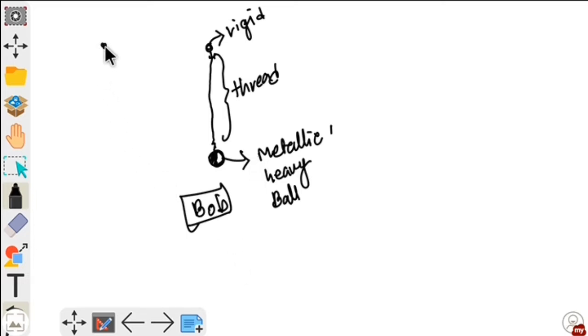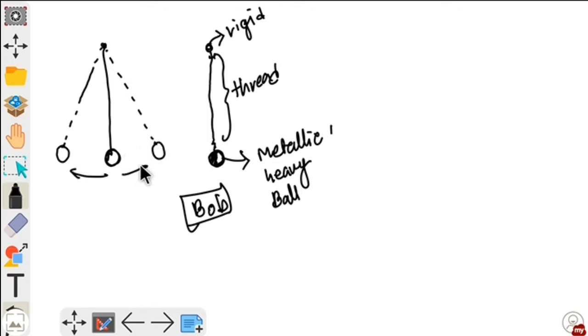Now, with this fixed point, the heavy ball can move back and forth. So it can move to either side of its mean position. When the bob is moving freely back and forth, that is called periodic motion.